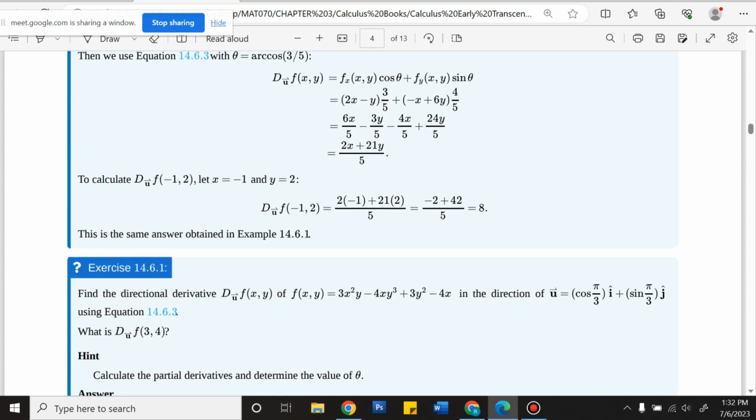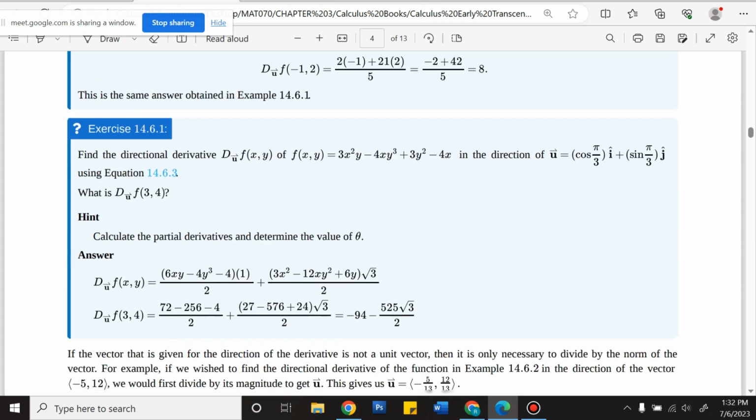After that, we have the point negative 1, 2, so direct substitution into the result. Okay? The same result still.